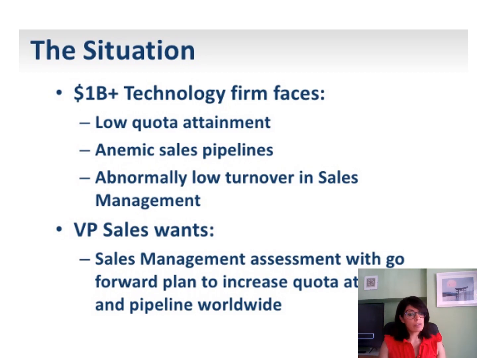The VP of sales wants the sales managers to assess their work and go forward with a plan to increase the quota and the pipeline worldwide. So the idea is that now we'll have a look at how this team is performing and how we can help improve the organizational performance when it comes to sales.